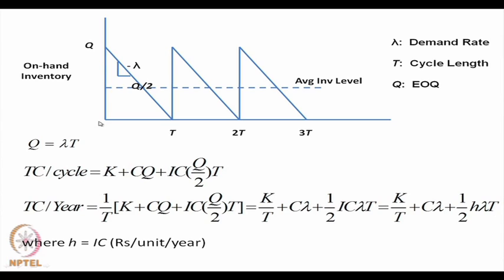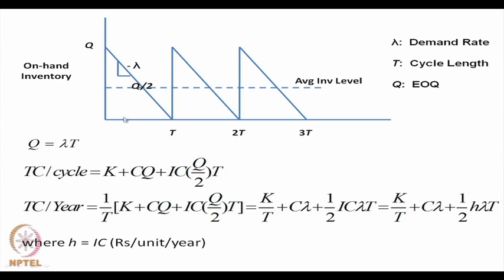Then we place an order for Q items, and since the supply lead time is equal to 0, it is immediately obtained in the stock, and because of the continuous demand it continuously falls, and this continues in a cyclical manner. This looks like a sawtooth, and therefore this diagram is known as a sawtooth diagram.